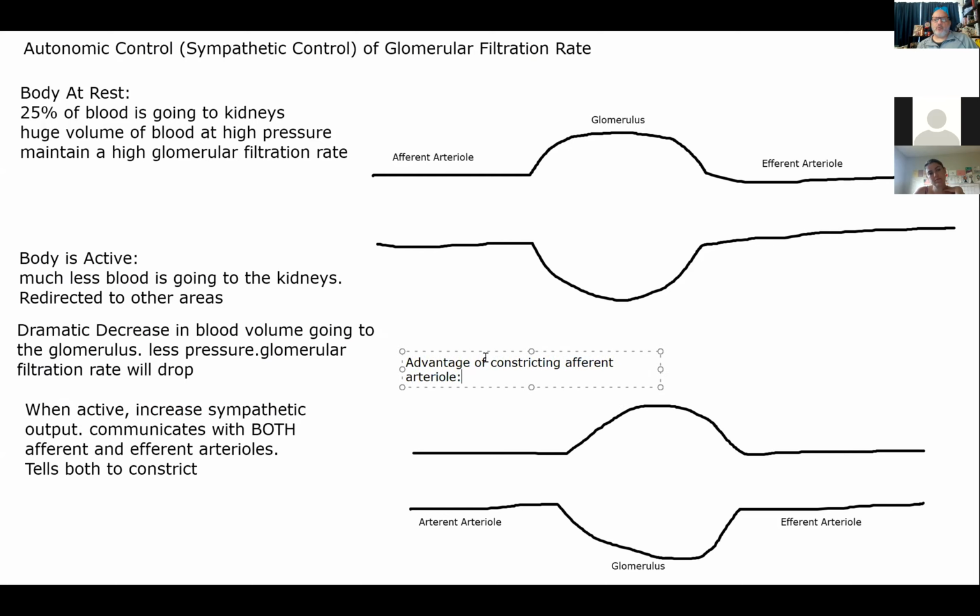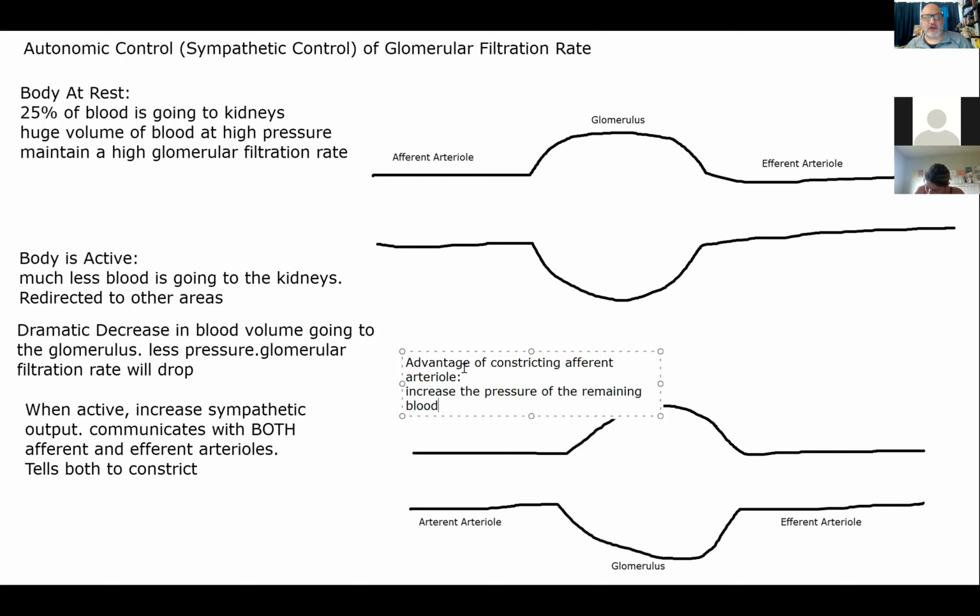Well, when the arteriole gets smaller in volume, what happens to the pressure of the blood inside of it? Increases. So notice, while we have less volume of blood coming in here, constricting the afferent arteriole is going to increase the pressure of the remaining blood.